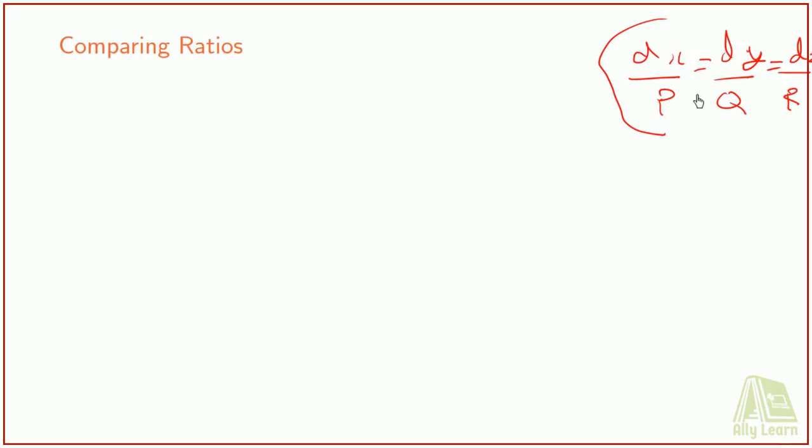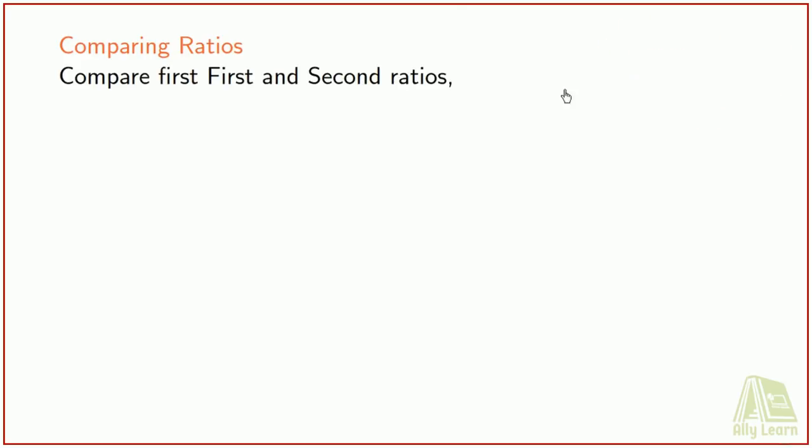It is given in terms of three ratios. So comparing ratios means we'll be using two of these ratios. Suppose we are comparing the first and second ratio. Initially we compare the first and second ratio, and we get dx over p equals dy over q. So what we did over here is compare the first two ratios of the Lagrange subsidiary equations.